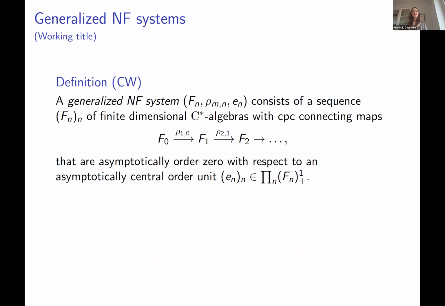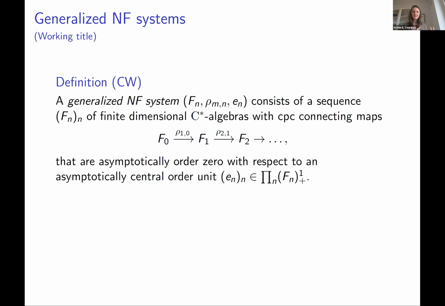Okay, so now a definition, again, working title just for this talk. I've not run this by Wilhelm. So we say a generalized NF system is a sequence of finite dimensional C-star algebras with CPC connecting maps that are asymptotically order 0 with respect to an asymptotically central order unit.